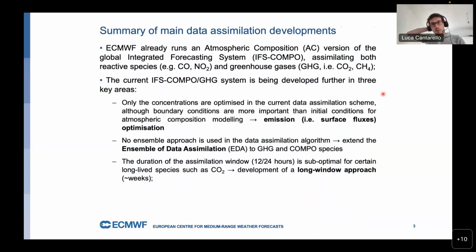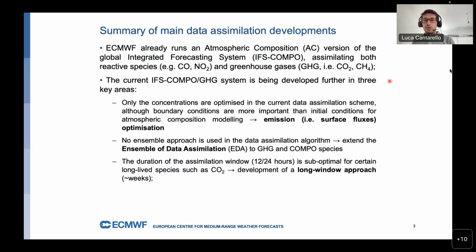So there are, I would say, three main developments that we have been working on at the center. As a premise, the ECMWF already runs an atmospheric composition version of the IFS, the Integrated Forecasting System. Usually the atmospheric composition version is referred to as IFS compo in the literature or in the documentation.